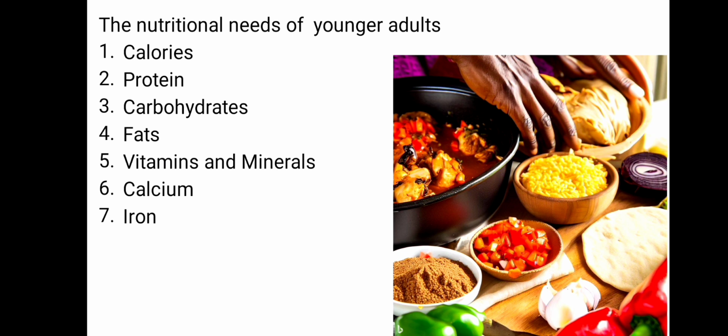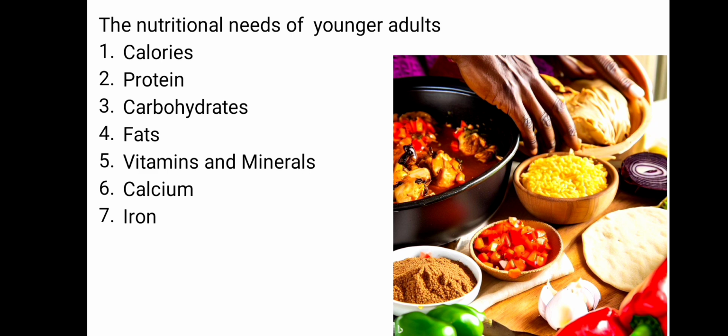Recommended daily protein intake ranges from 0.8 to 1.2 grams per kilogram of body weight. So you need good sources of protein like lean meat, poultry, fish, dairy products, legumes, plant-based proteins, etc. Younger adults need carbohydrates. Go for whole grains, go for legumes, go for vegetables, and all that.